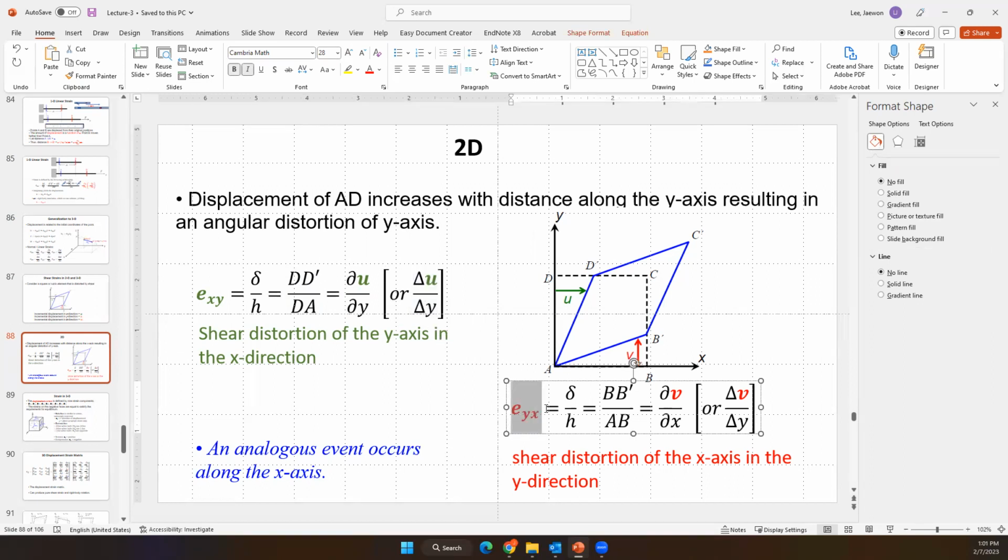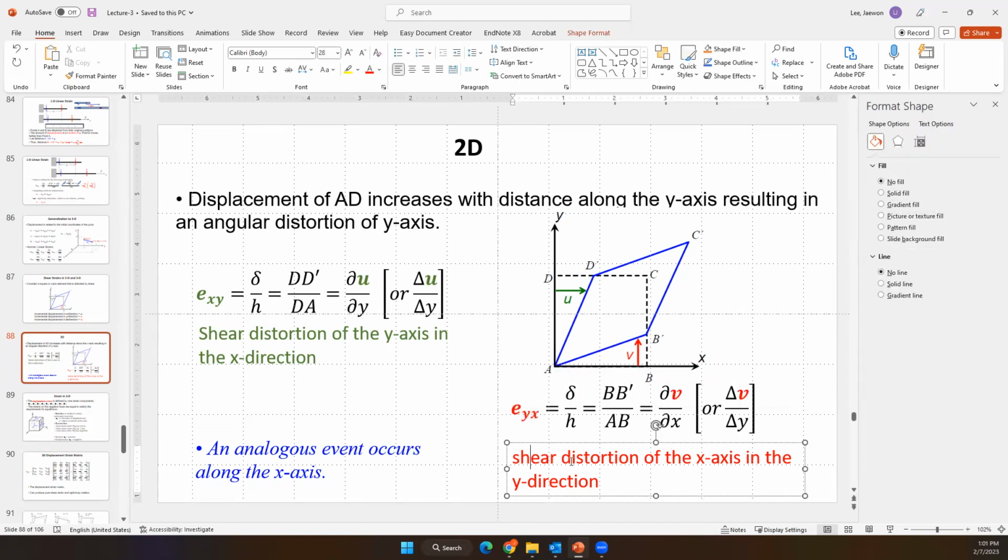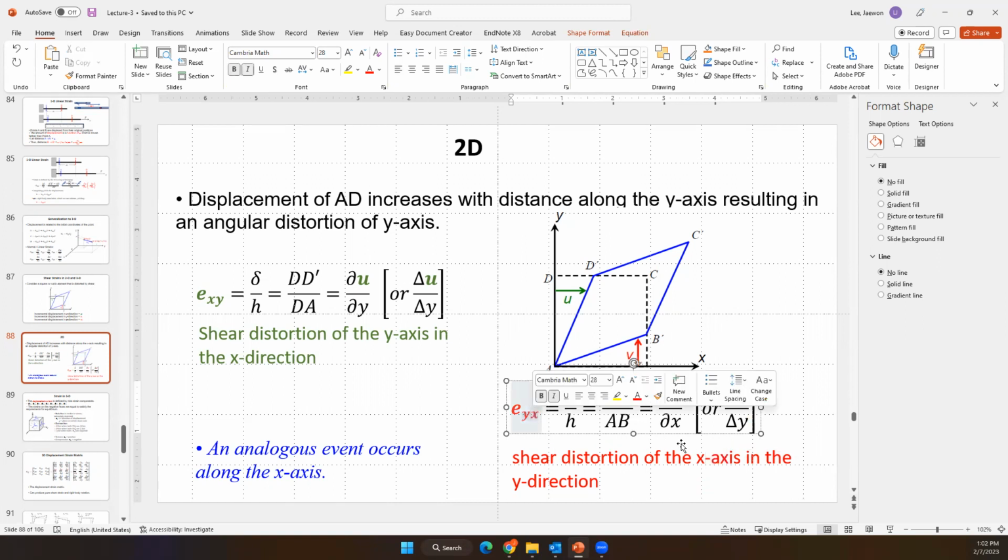Oh, it is y and x, eyx. It means if there is a distortion of the x-axis, we can see the distortion of the x-axis. So if we apply the y direction distortion.